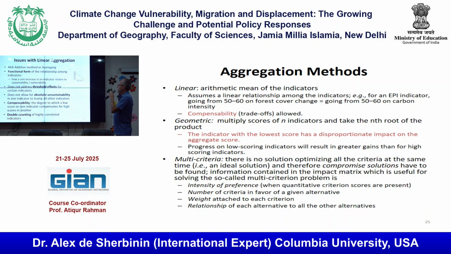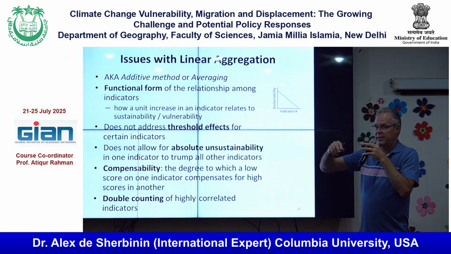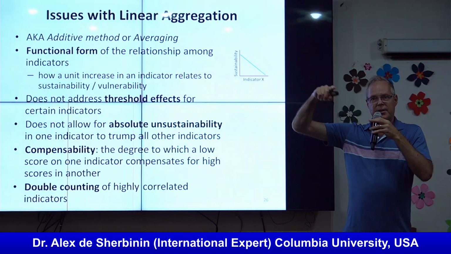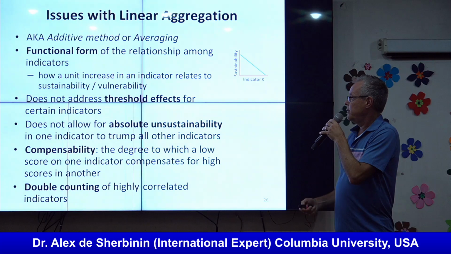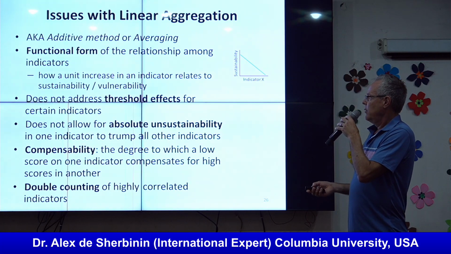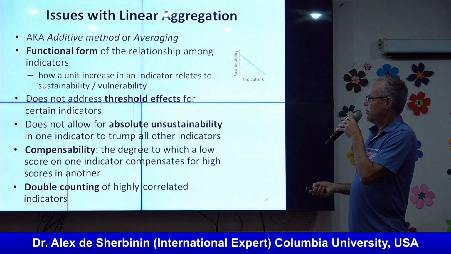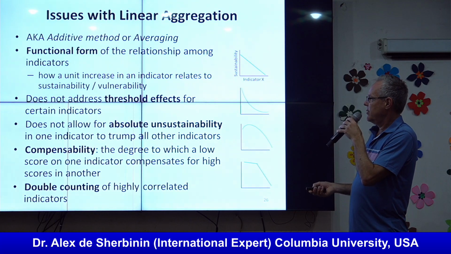So as I mentioned earlier, the arithmetic mean linear aggregation, which is very commonly used, assumes a linear form, where the same unit increase across a variable results in improvements in sustainability or reductions in vulnerability that are linear in nature.